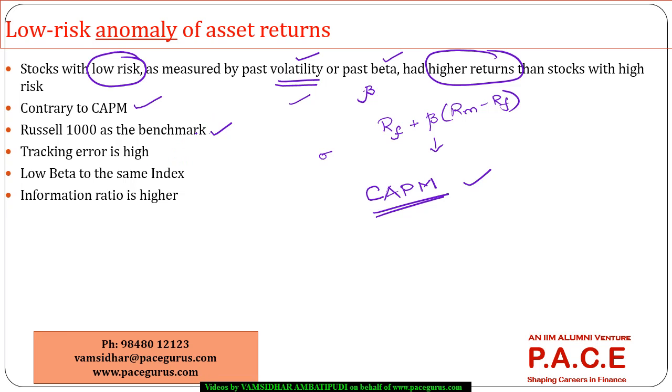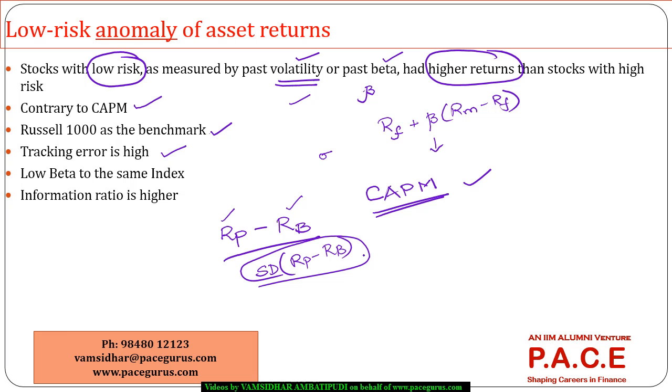But one thing that has been observed when people have made this statement was the tracking error was much higher, which means the deviation from the benchmark. When you talk about tracking error, we are talking about the return of the portfolio or security minus the return on the benchmark, and the standard deviation of the differences is mostly called the tracking error.